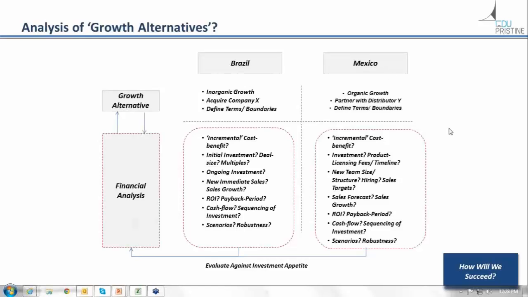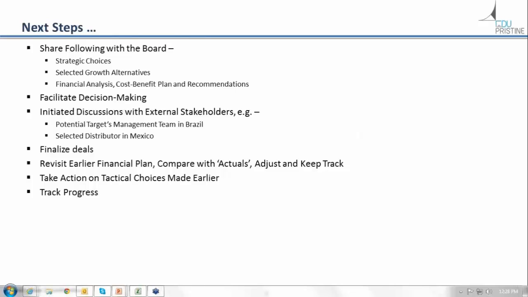Moving on to the next page, these were the next steps. So we shared all these findings with the board. We shared the strategy choices. We shared the selected growth alternatives, and we shared a little bit of the financial analysis that we did, and cost-benefit plan recommendations. We facilitated the whole decision-making process. We initiated discussions with external stakeholders, the potential target in Brazil and the selected distributor from Mexico, finalized the deals, and revisited the earlier financial plan.